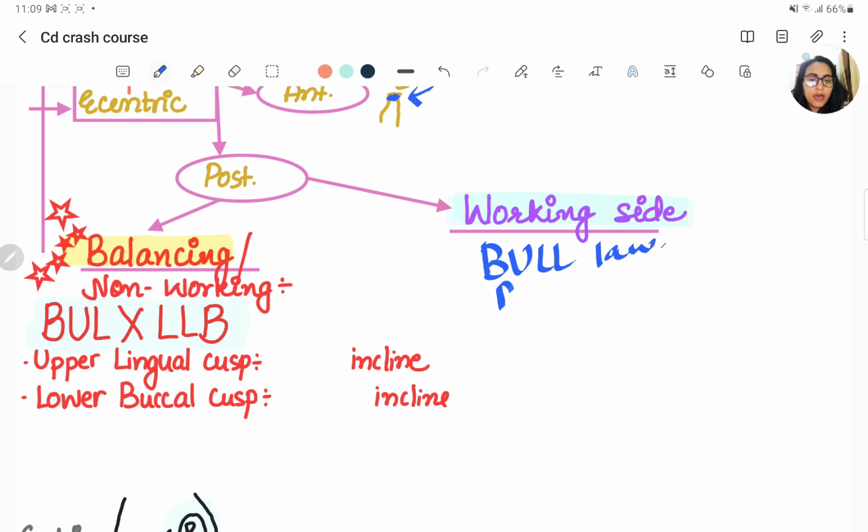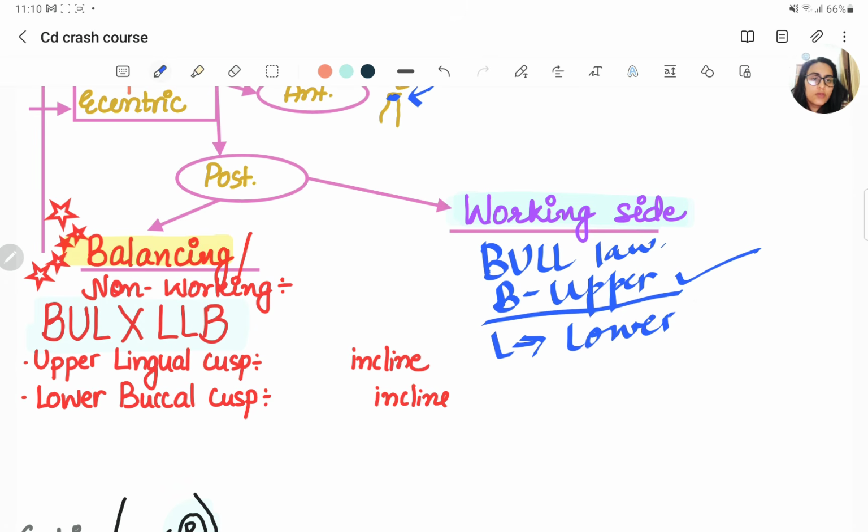That is buccal upper. So buccal inner inclines of the upper teeth and lingual inclines of the lower teeth. So buccal upper, lower lingual, both inner inclines. Working side is the Bull's law.